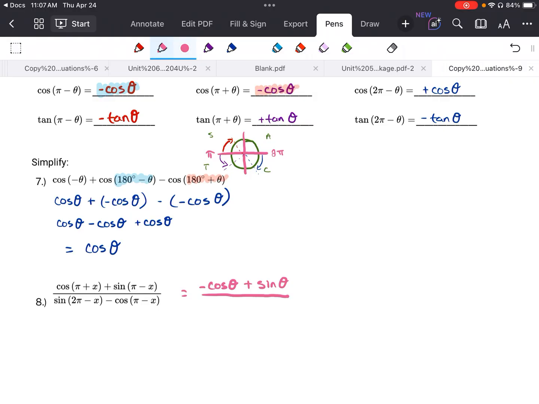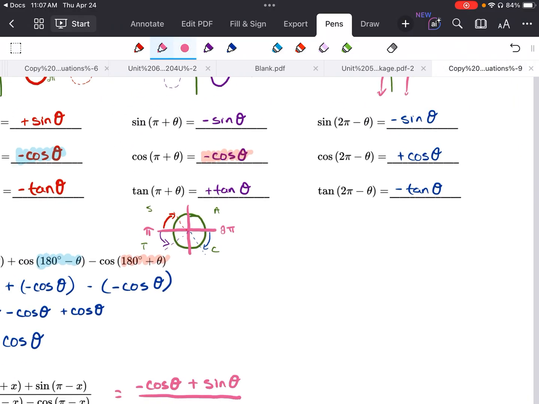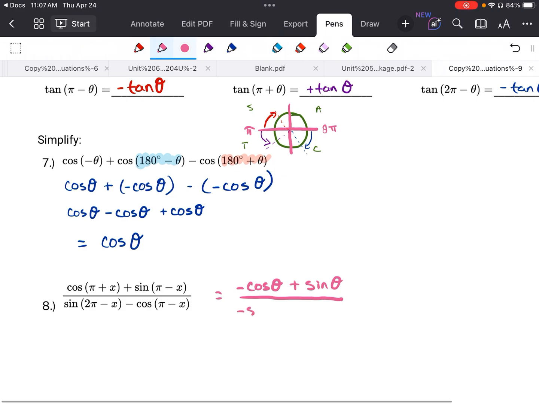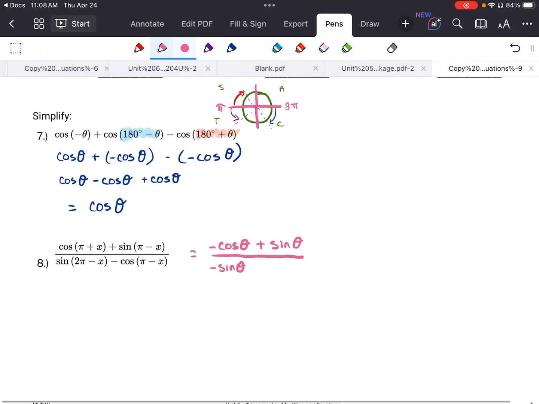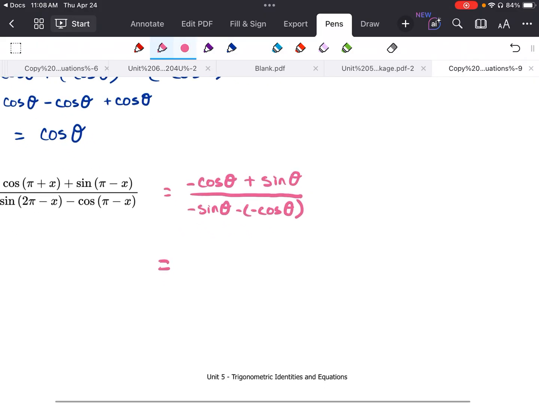On our denominator, sine of 2 pi take away theta, which is negative sine, minus the cos of pi take away theta, which was negative, so we're minusing a negative cos. So get rid of my double signs.